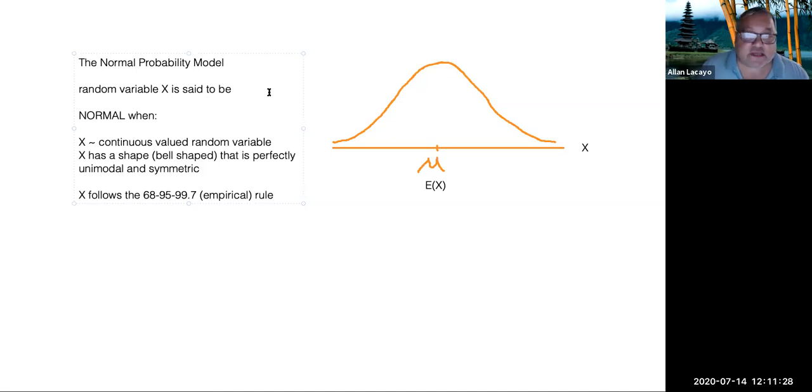What that means is that if I shade an area of this curve such that I'm looking at an area that is this yellow zone here, this yellow zone represents roughly 68% of the entire curve.